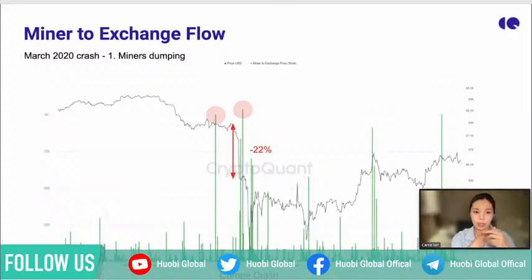You see the spikes that are happening. And we know this because we can see the spikes on the miner to exchange inflow chart. So we can infer that the first 15 hours of miners putting the coins in and maybe selling them caused a 23% drop of the price, 22%.